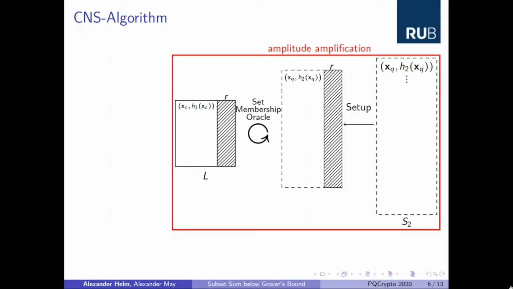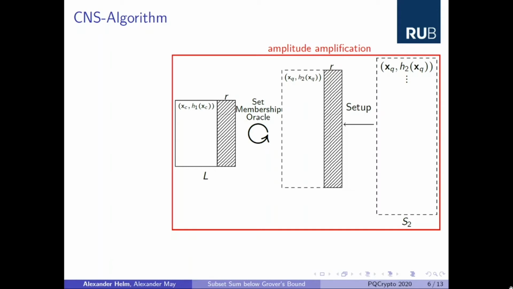For the oracle, we use a set membership oracle, which states for every xq if there exists an xc in L where the functional values are equal. So this set membership oracle was first constructed for the CNS algorithm and works without QRAM.